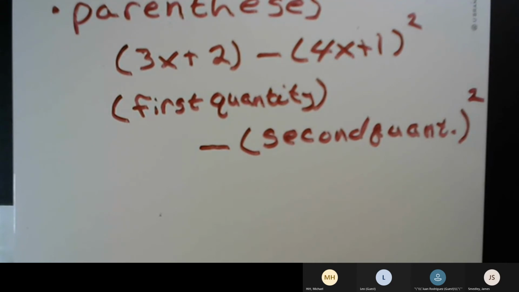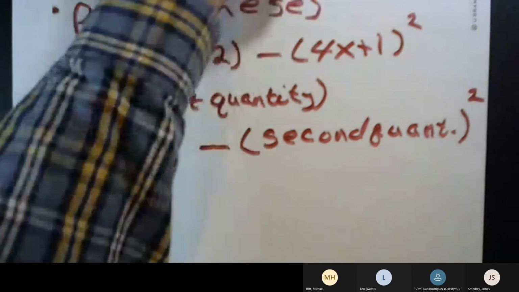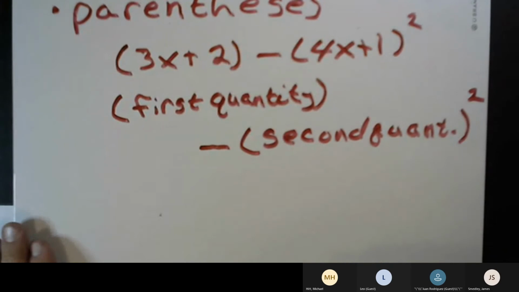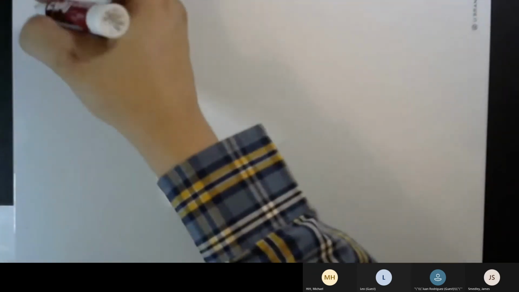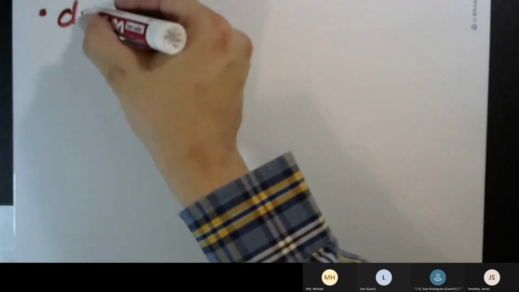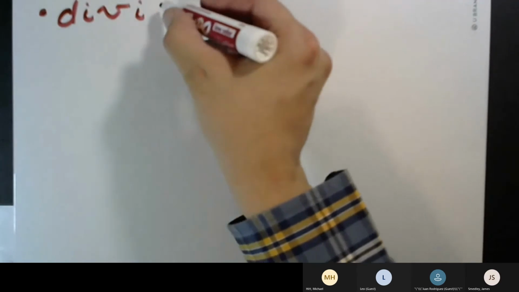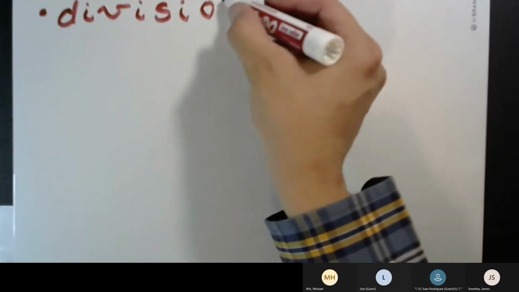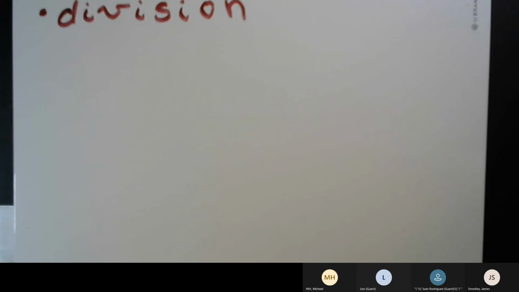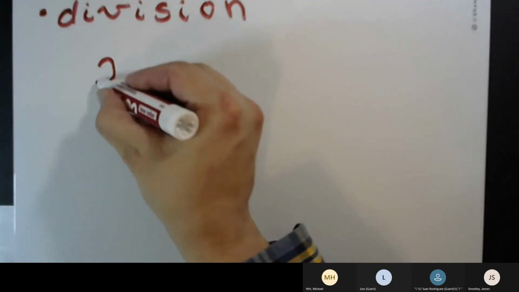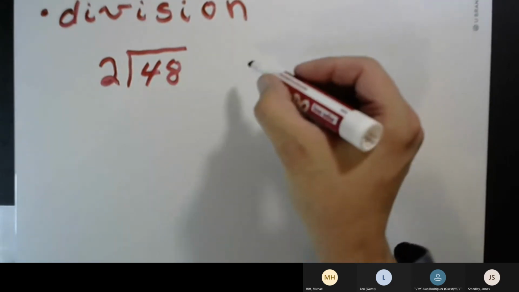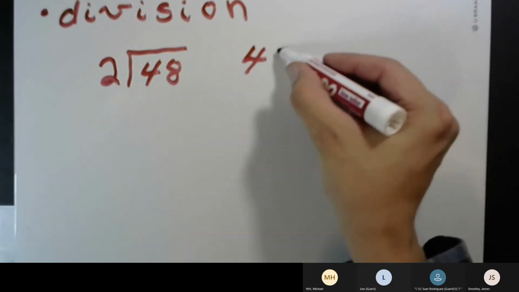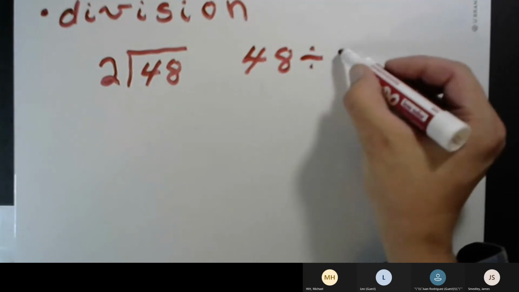Now, another thing in algebra where things start to change a bit is division. So we're familiar with long division. We divide 48 by 2, and this is the same as 48 divided by 2.